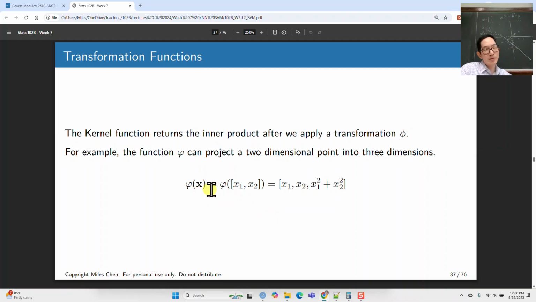One example is you could have a vector x1, x2, a two-dimensional vector, and then we apply this phi transformation function, which just creates a third coordinate, x1 squared plus x2 squared. So this two-dimensional vector x1, x2 becomes a three-dimensional vector of x1, x2, and x1 squared plus x2 squared.